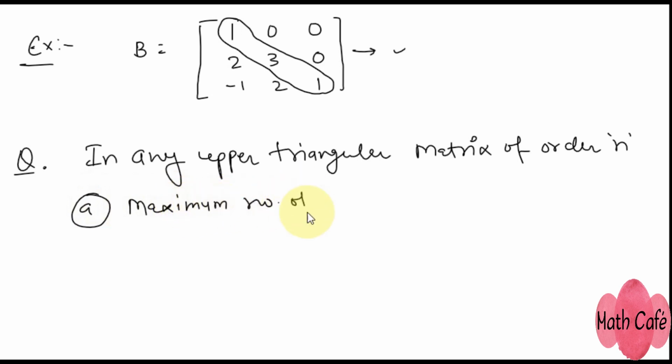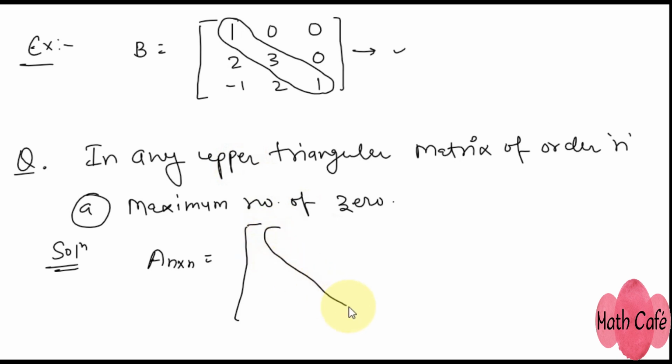As we can see, this matrix is an upper triangular matrix of order n, so all the elements lying below the diagonal should be 0. Let's assume these are all the diagonal elements, and all the non-diagonal elements lying on the upper side should be non-zero, and those lying on the lower side should be 0.